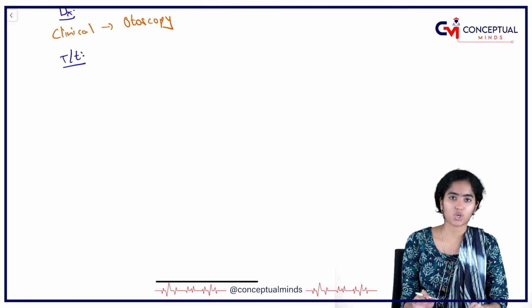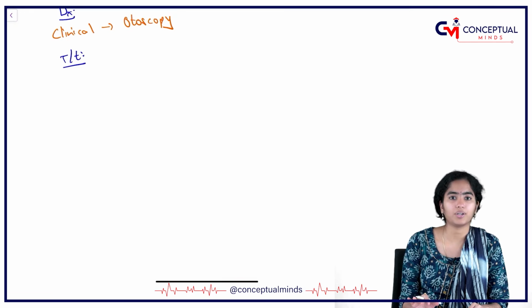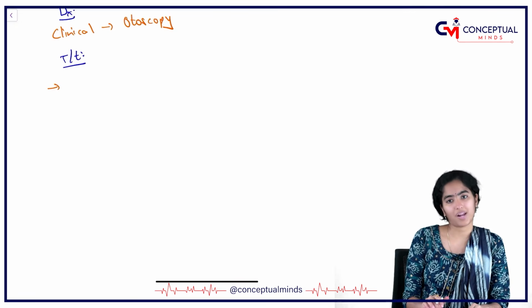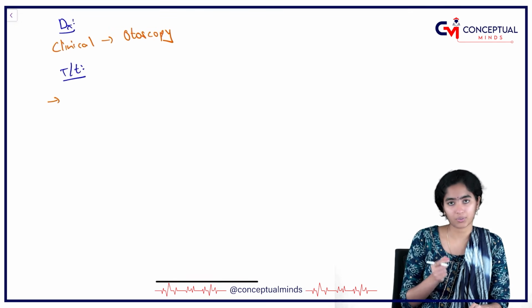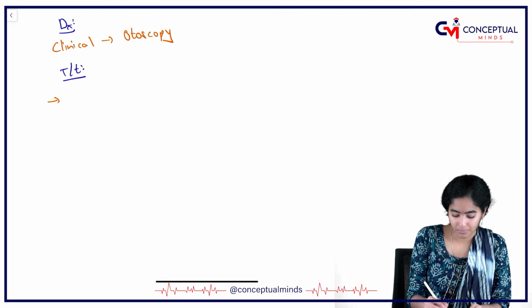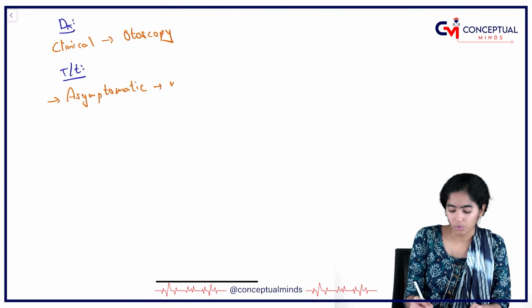If at all it is causing hearing loss, affecting the mobility of the tympanic membrane, then we can go for a myringoplasty to remove the plaque. Now, that will create a perforation and you should also repair the perforation with a graft. So, first is asymptomatic patient, no treatment.